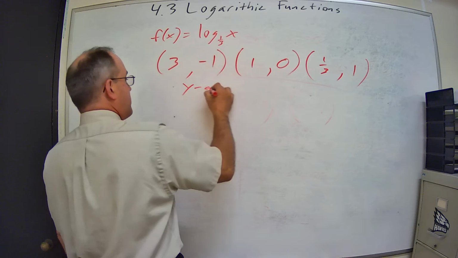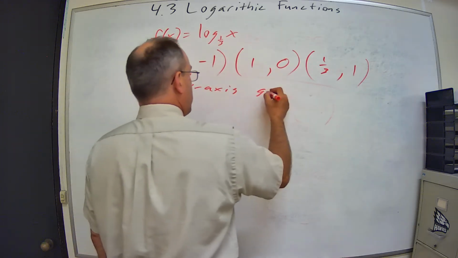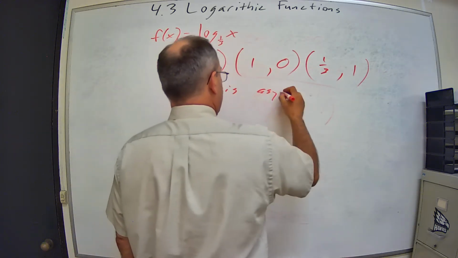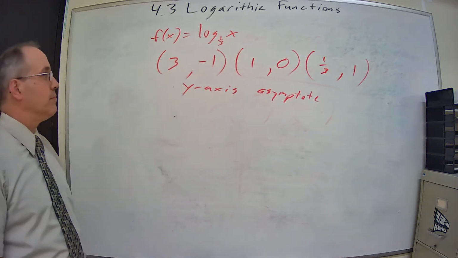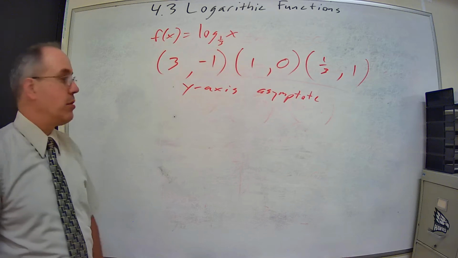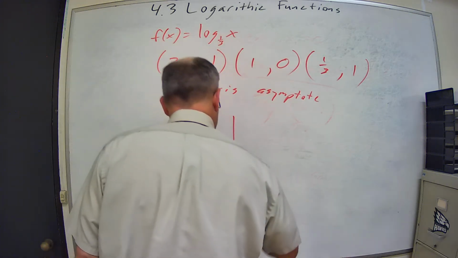And we know the y-axis is the asymptote. So there we go. Let's plot it.